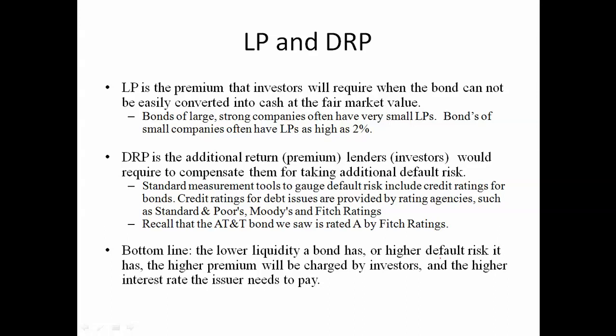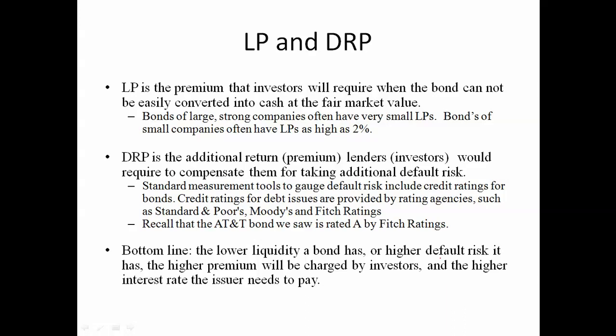Default risk premium is the additional return or premium that investors would require to compensate them for taking additional default risk. Standard measurement tools to gauge default risk include credit ratings for bonds. Credit ratings for debt issues are provided by rating agencies such as Standard & Poor's, Moody's, and Fitch Ratings.